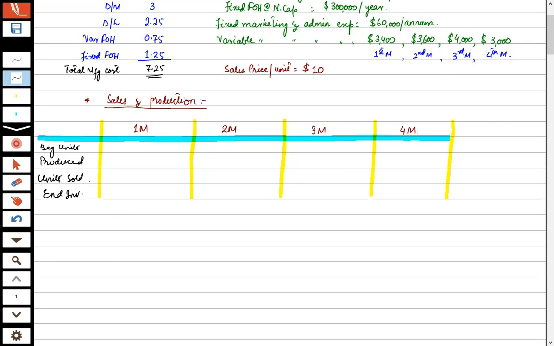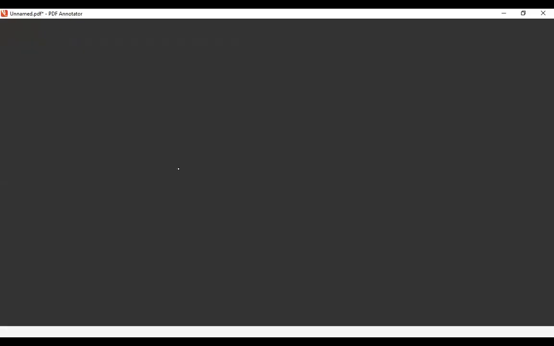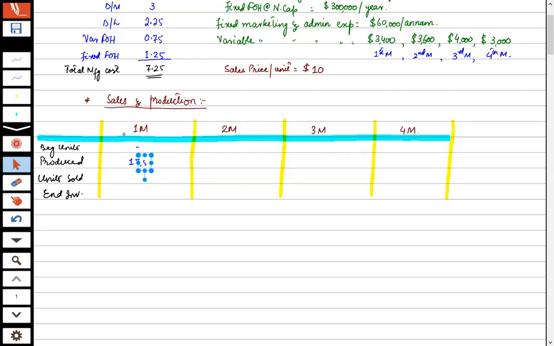So we have to see whether we have a remaining ending inventory or all produce is sold. In the first month, produced is 17,500 and sold is also 17,500. So all produce is sold.